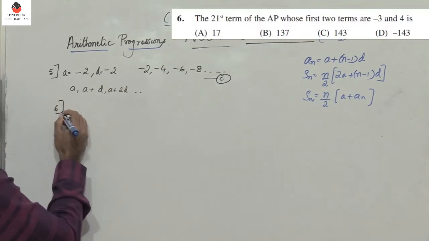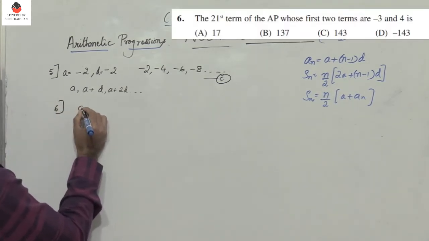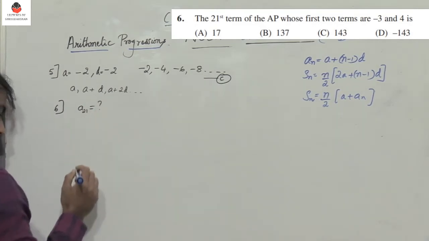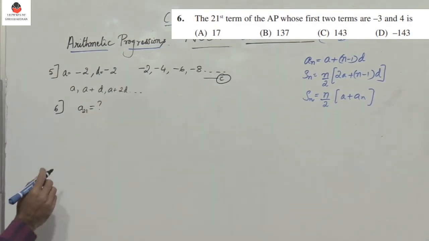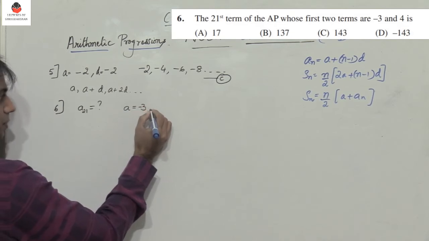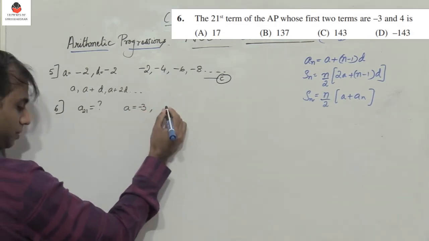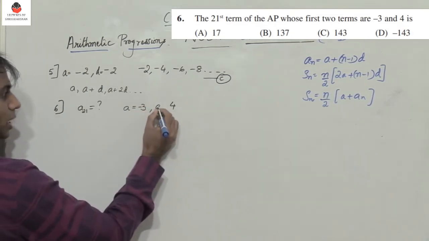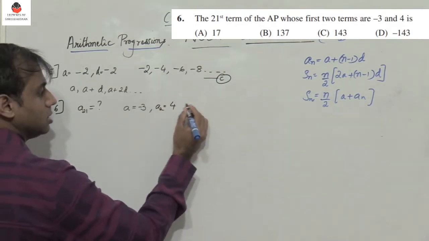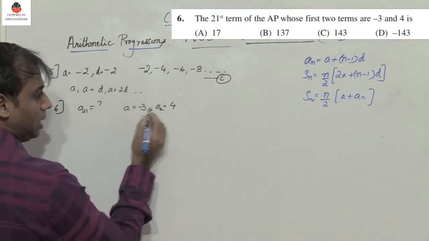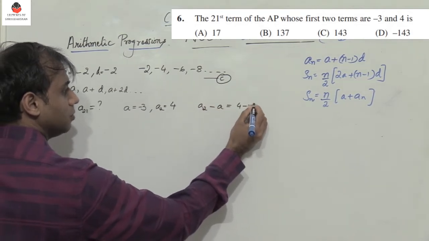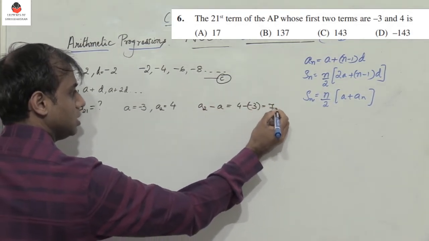6th one. The 21st term of an AP, a21, we need to find, where the first 2 terms are minus 3 and 4. So a equals minus 3 and the second term is 4. So a2 equals 4. So what is the common difference? It is a2 minus a. So a2 minus a, which is 4 minus of minus 3, which gives me 7.